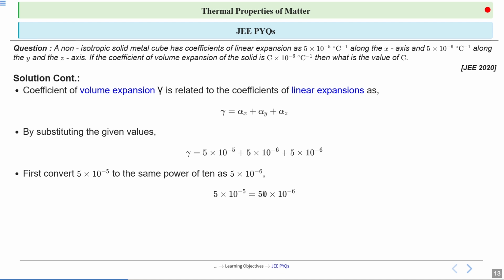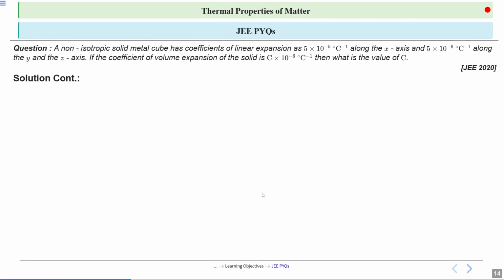Alright. Now substituting the values, add all the values and solve for volume expansion. So, gamma equal to 50 into 10 raised to the power minus 6 plus 5 into 10 raised to the power minus 6 plus 5 into 10 raised to the power minus 6.